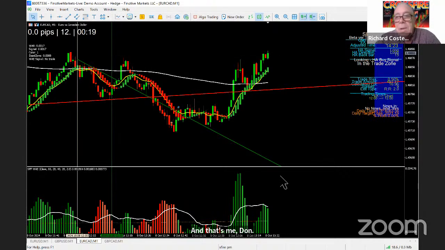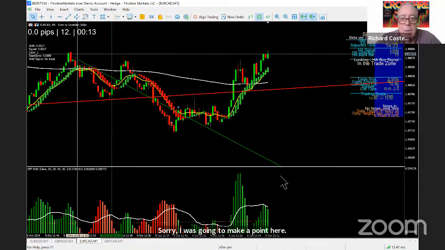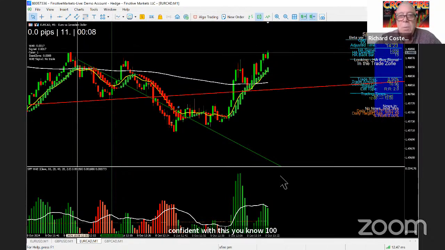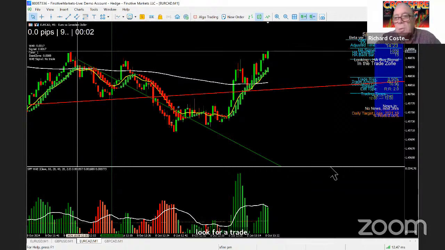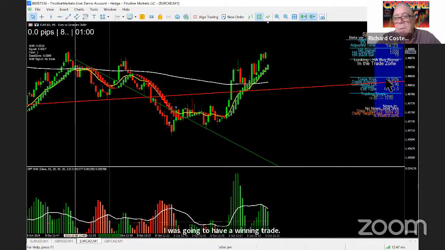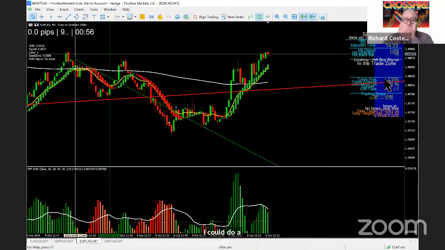Sorry, I was going to make a point here. If I was 100% confident that every day when I came to look for a trade I was going to have a winning trade, I could double up. I could start risking 1% to make 2%, and therefore I'd have $2,000 a day, and I would do that on one trade.